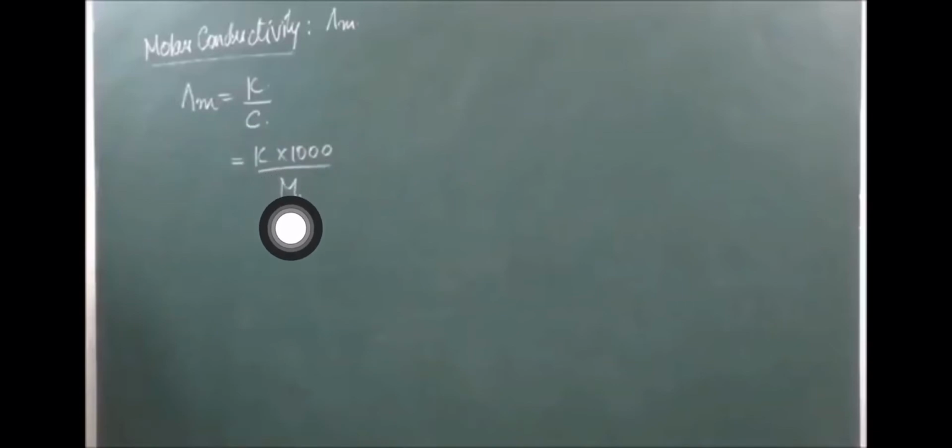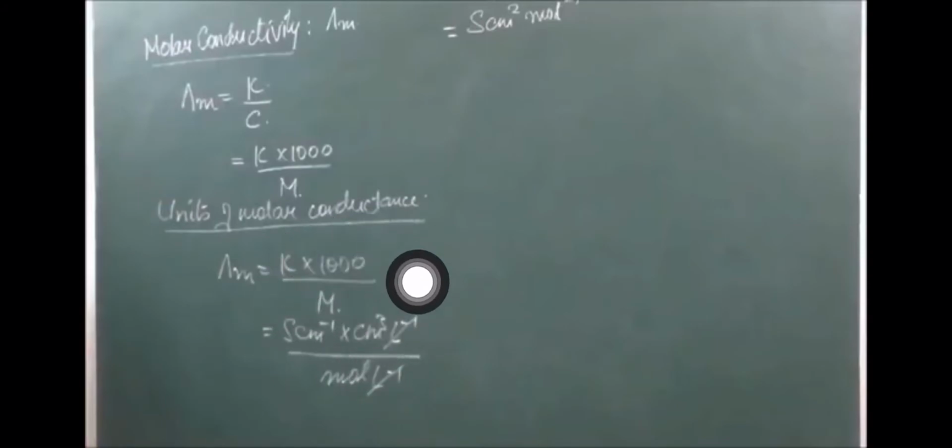So the equation of lambda m, or molar conductivity, will come to kappa, that is K, into 1000 upon molarity. Now what is the unit of this molar conductance? The unit of kappa, as we have already discussed, is Siemens per centimeter, so we can write it as Siemens centimeter inverse.